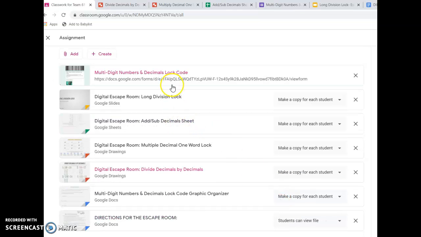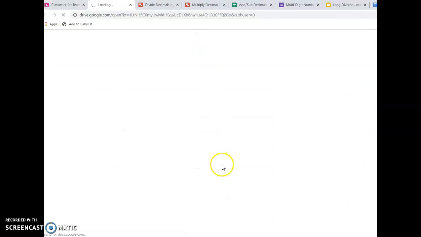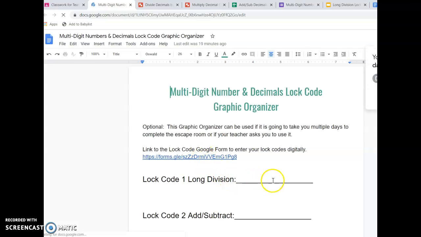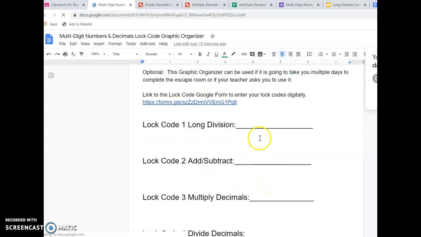And one other helpful thing we have down here is this graphic organizer. So this assignment might take you a few days depending on how much time you put into it each day. But here's a spot where you can record your answers or your codes that you've kept. So let's say on Monday I did long division. I'm going to put my code there so I don't forget it when I come back and work on this on Tuesday.